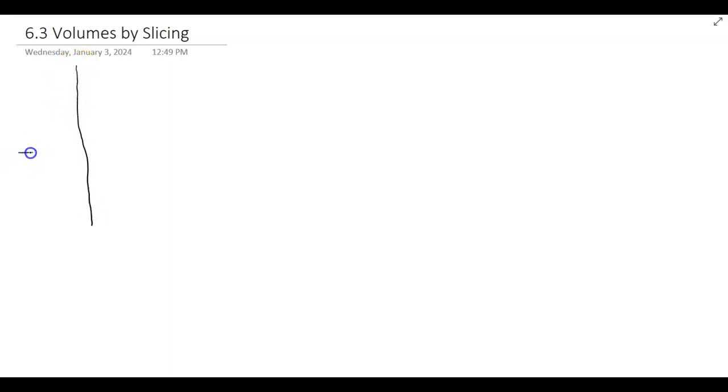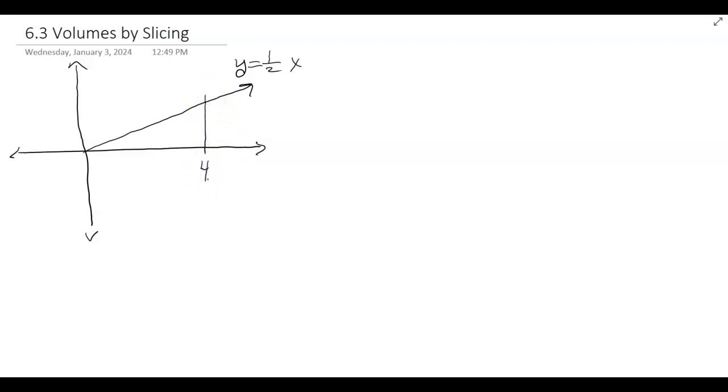So I want to start with something that everyone is very familiar with, and that's the area of a pretty basic geometric figure. So let's suppose I drew a line, and I'm going to call that line y equals 1/2 x. And we're going to take that line up to x equaling 4.